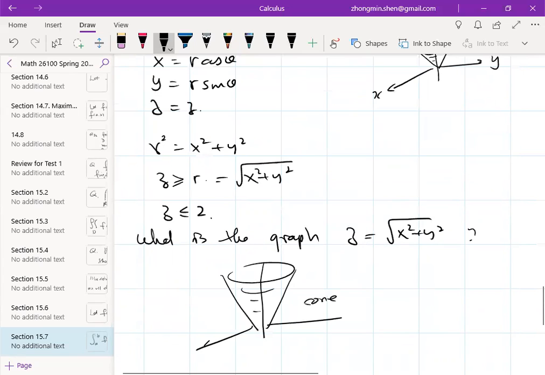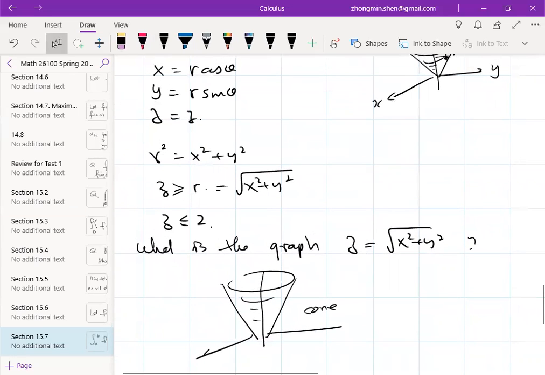So it is a cone, and then I know that theta is between 0 and pi over 2, so I divide the cone into 4 parts. Then this is in the first octant. So you can understand the graph as a solid in a different way. Just rewrite the inequality using x, y, z coordinates.